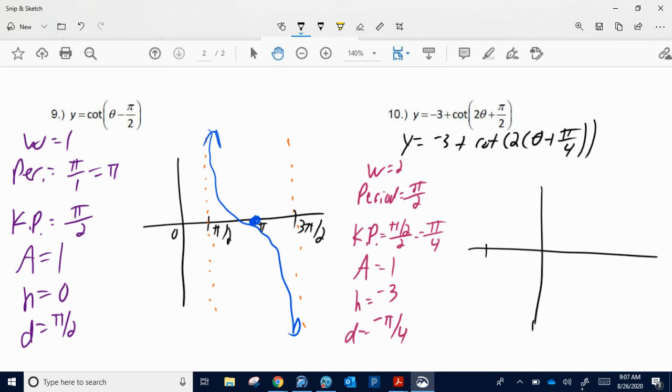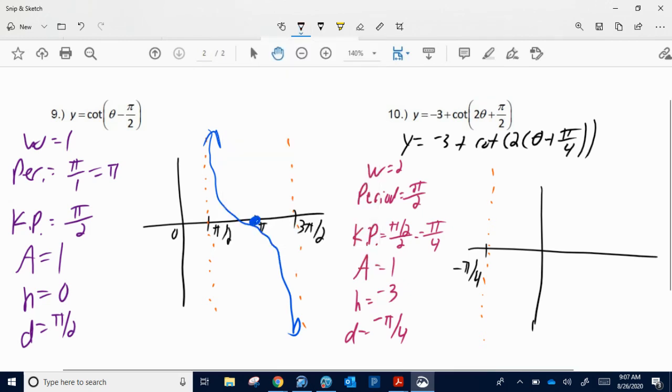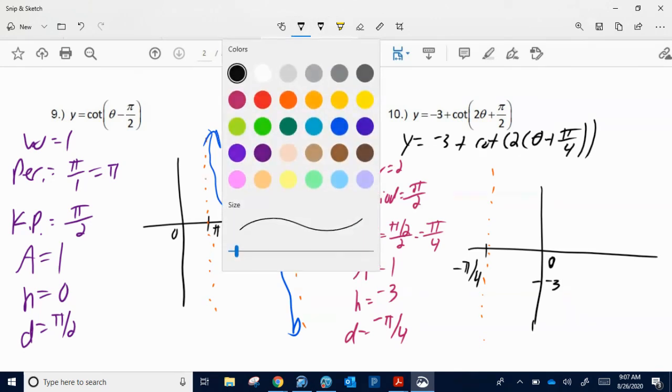Phase shift tells us where to start on the x-axis, negative pi over 4. This is a cotangent curve, so the start represents the asymptote. Key points tells us how far to move. We're going to move pi over 4 in front of that. So negative pi over 4 plus pi over 4 gets us to 0. That's going to be the point we place, and that's going to go at the vertical shift of -3.